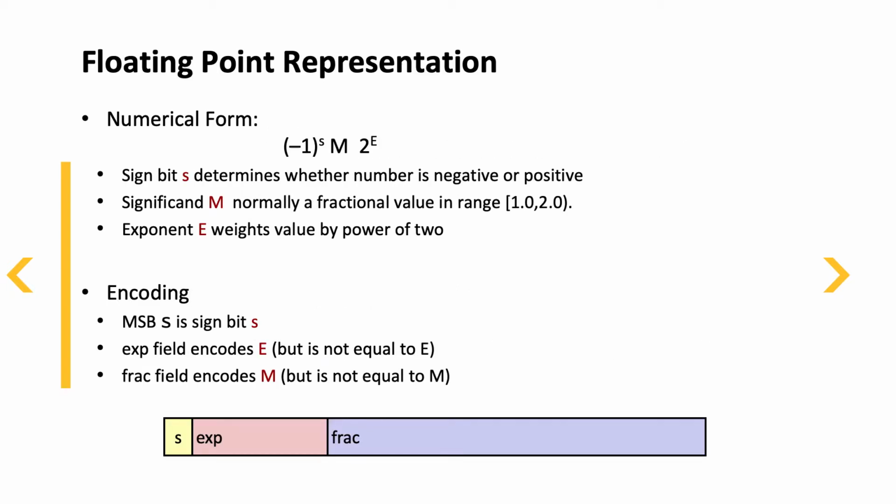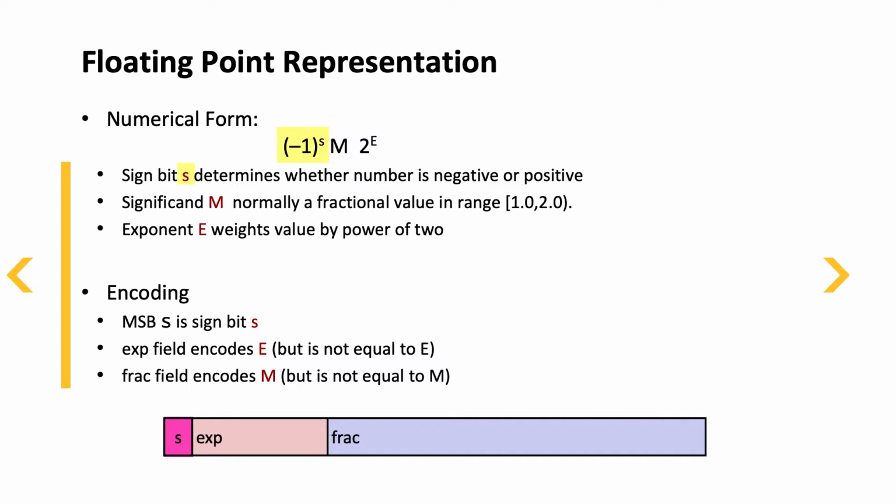So let's walk through a floating point representation and see what this all means. We've got first -1 to the power of s. Now, what's s? S is our sign bit. It just determines whether the number is negative or positive. The most significant bit, which you can see down here, is just going to be a single bit.